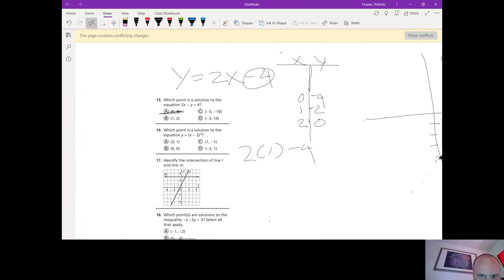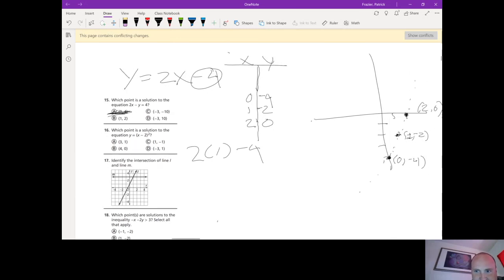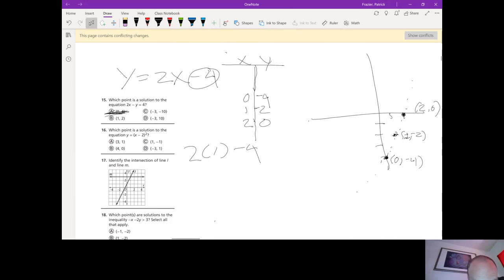So 2 times 0 minus 4: 2 times 0 is 0, and 0 minus 4 is just negative 4. Negative 4 does not equal 4, so we know that is definitely not a solution. We also see it graphically, it doesn't match.